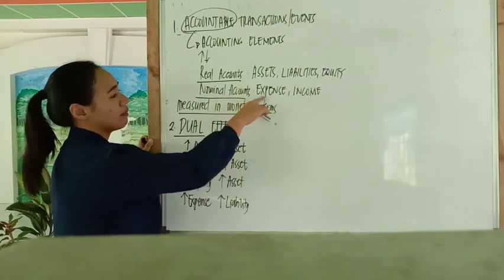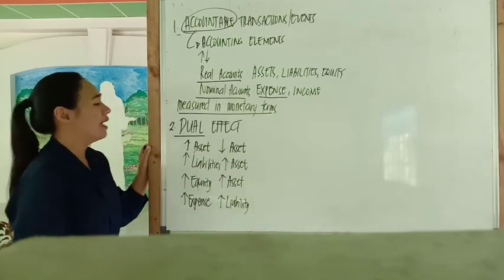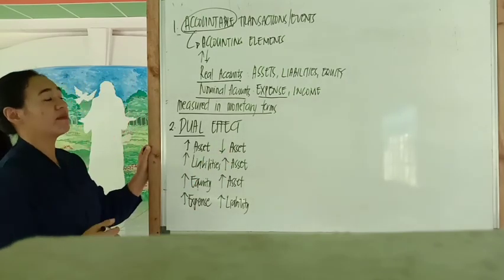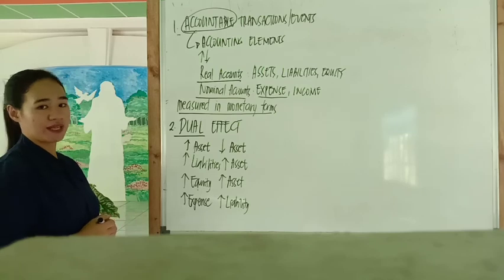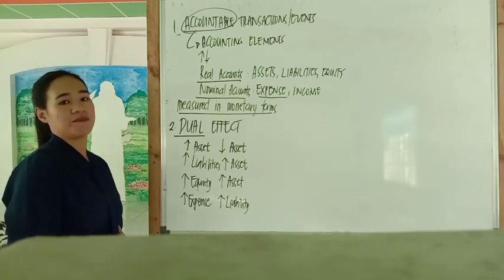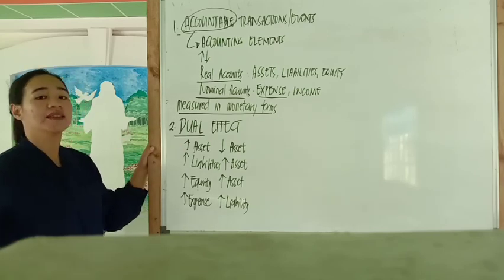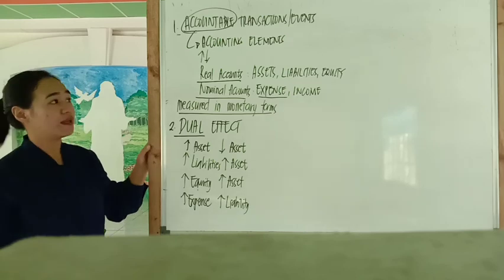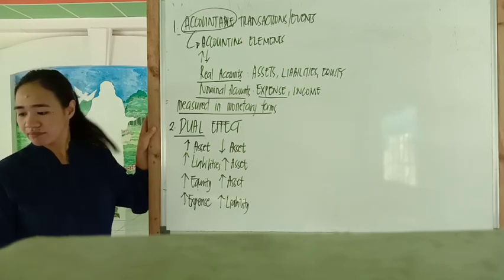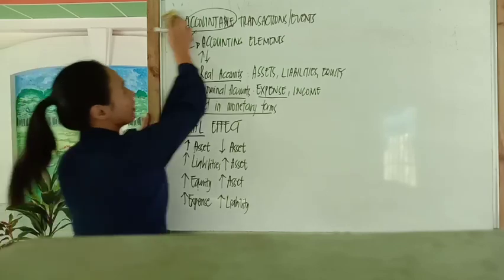And then for your nominal, it includes your expense and then income. And then another thing that we are going to remember, always dual yung effect ng mga transactions. Yun yung assumption ng accounting, dual lagi ang effect ng transactions. So, we will be using this one in answering your activity.